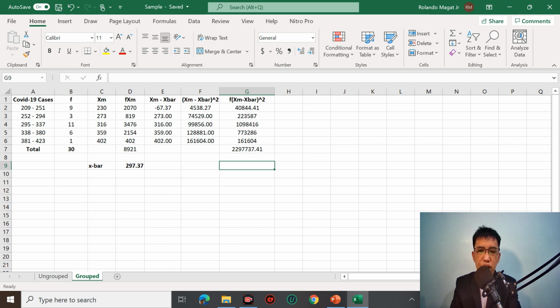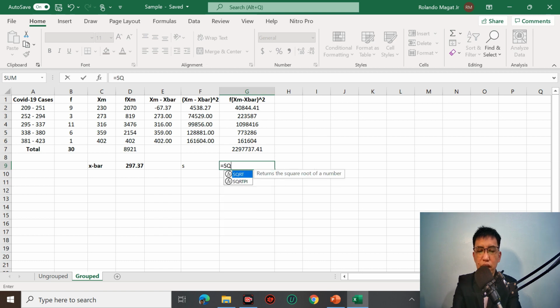For the standard deviation, let's label it SD, or S, since that's our formula. S would be equals the square root, SQRT, of this divided by this.